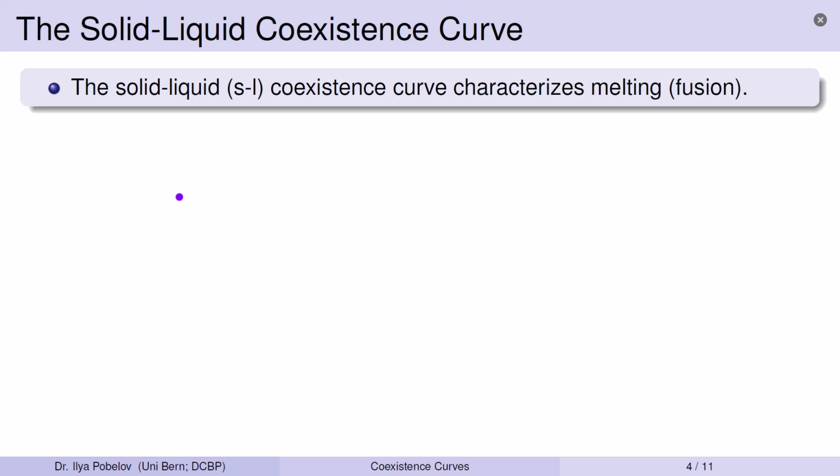Let us apply the Clapeyron equation to the solid-liquid coexistence curve, which characterizes a phase transition known as melting or fusion.